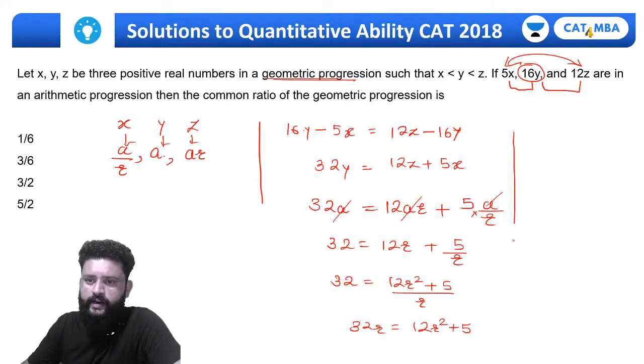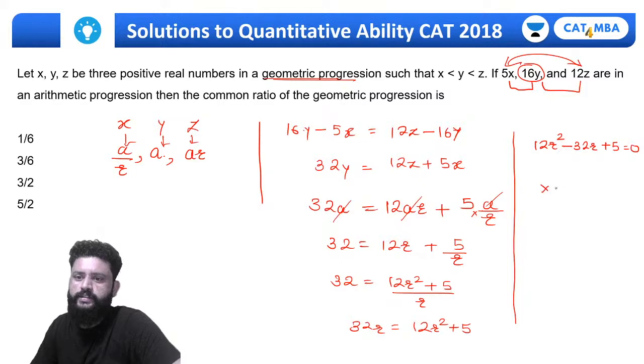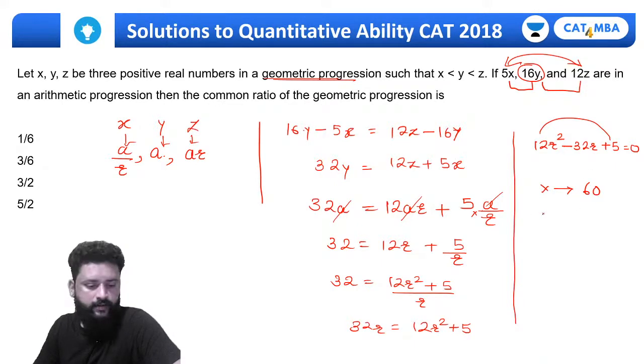I can get the quadratic equation as 12r square minus 32r plus 5 equals 0. So tell me the numbers whose multiplication is 12 into 5, that is positive 60, and addition is minus 32.